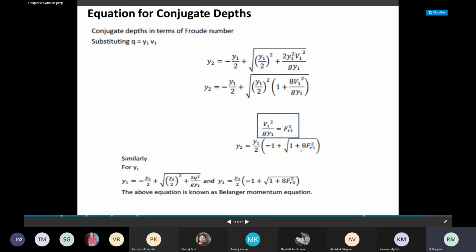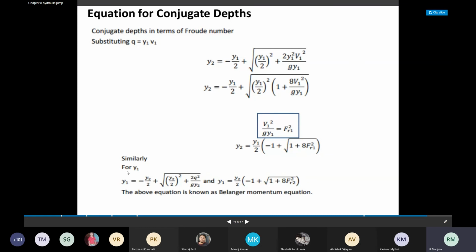What are the inner components here? 1 plus 8 Fr square. Okay, so this is the conjugate depth in terms of Froude number. If I know the Froude number, I can directly get the conjugate depth. Instead of discharge per unit width, small q, if I know my Froude number, then I'll be able to find out my alternate depth.